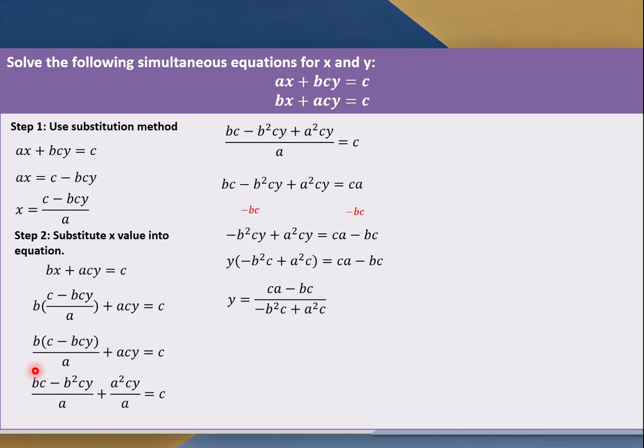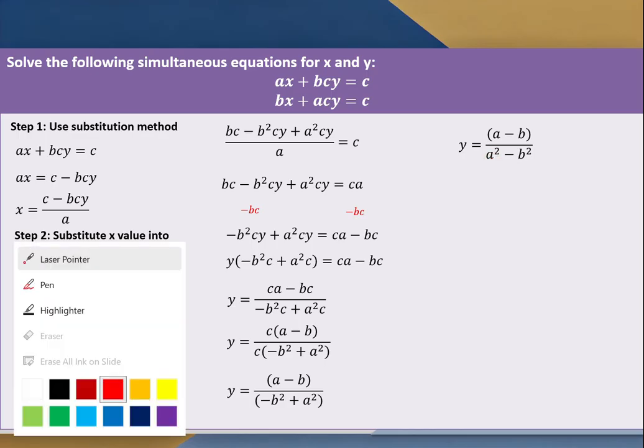Now I'm going to see if I can simplify that. So the first thing I can see is I can take out the c. So if I factored out the c, I'm going to have negative b squared plus a squared. Now if I rewrite this inside here, that is also going to be a squared minus b squared. The c's are going to cancel out. That will leave me y is equal to a minus b over a squared minus b squared.